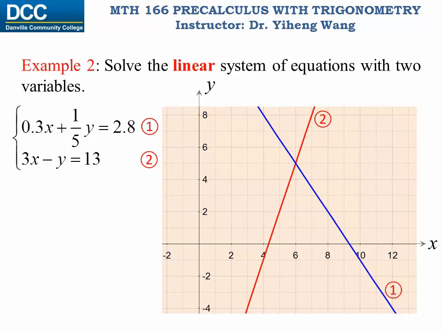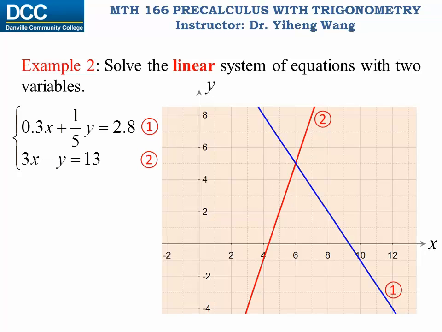Now, if we only need to solve, say, equation 1 individually, then every single point on this blue line represents a solution point of this equation. Therefore, there are infinite number of solutions to equation 1 alone. Similarly, there are infinite number of solutions to equation 2 alone.